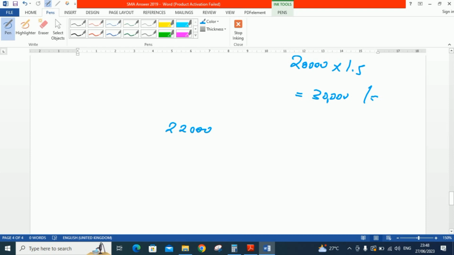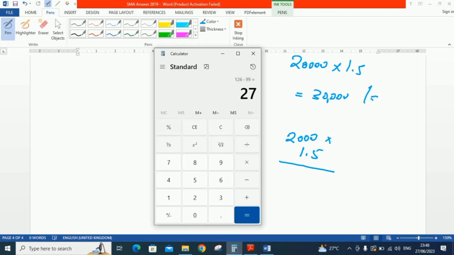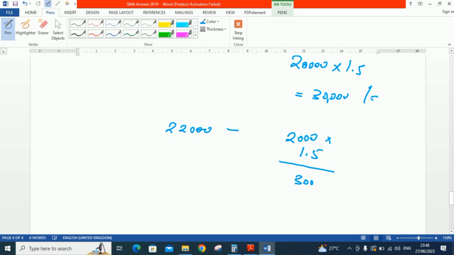The production is 22,000, normal production is 20,000, so overproduction is 2,000. So 2,000 into 1.5 is 3,000, which is over absorption.